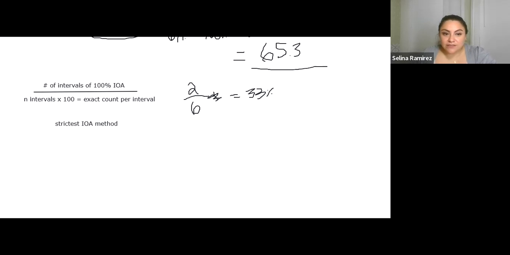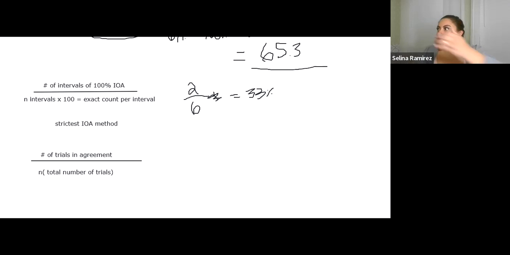Number of trials in agreement over the total number of trials, times 100, will give us our trial by trial IOA.